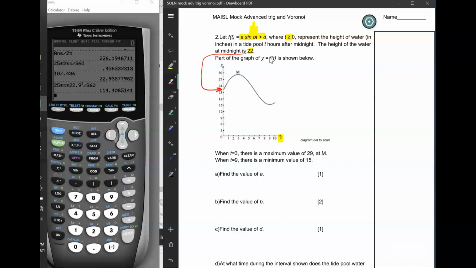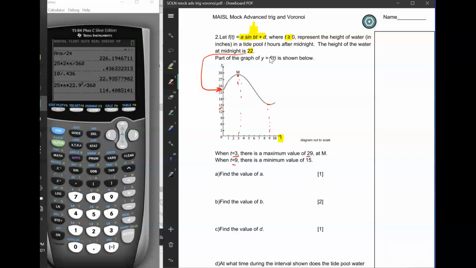The other thing they tell us is at time equals 3, there's a maximum value of 29. That's right there. And at t equals 9, there is a minimum value of 15. So that's what we got from the information here.